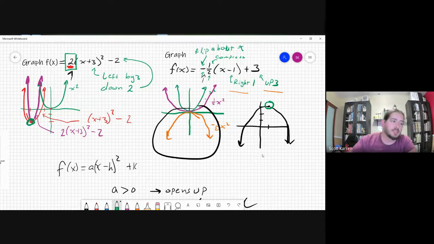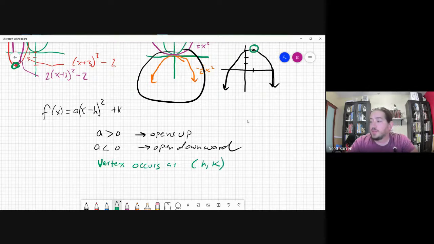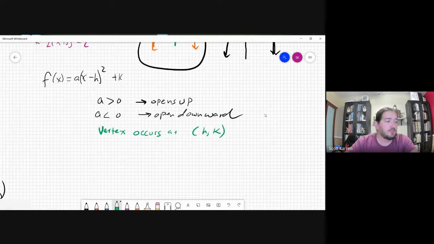And so the vertex in either case is going to happen at the point h comma k. So that's kind of nice if you have a function that you're trying to graph.